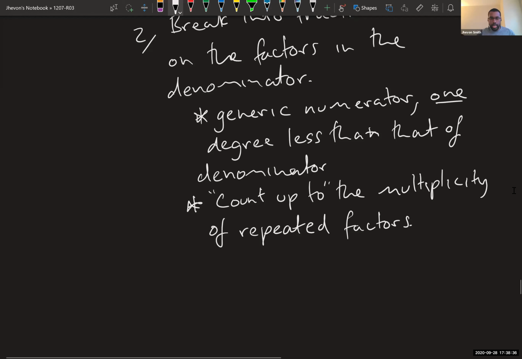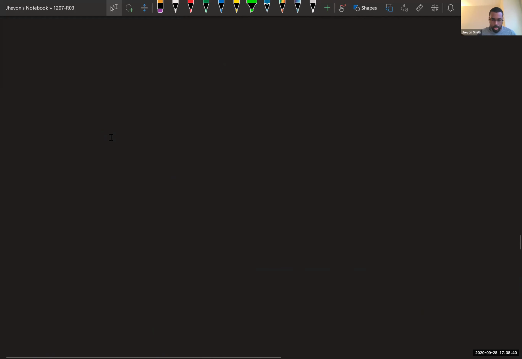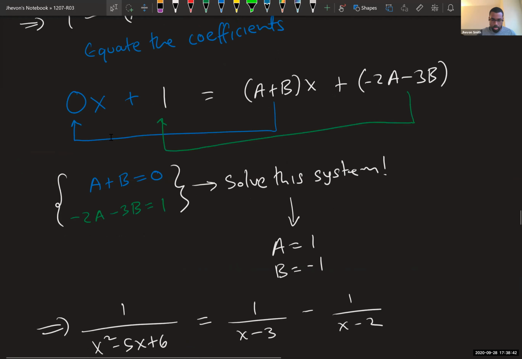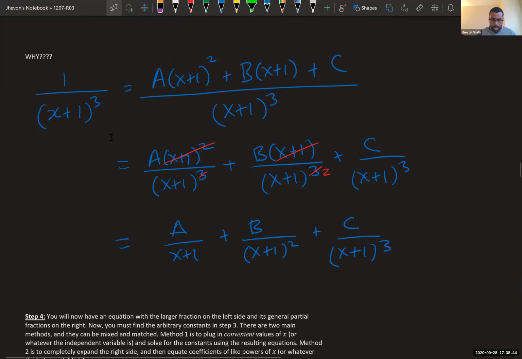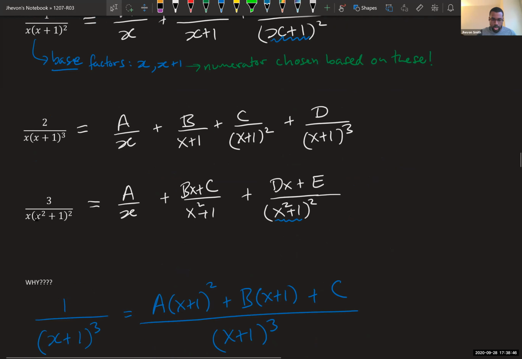That covered the case that we saw last time. Where was it? So like here, where you saw this factor got repeated because of the square. There are 2 of those x squared plus 1 factors, so you have to do 1 to the first power, then 1 to the second power.